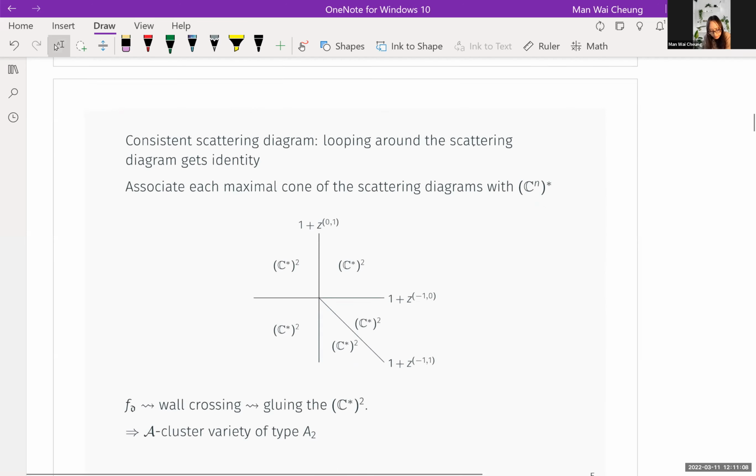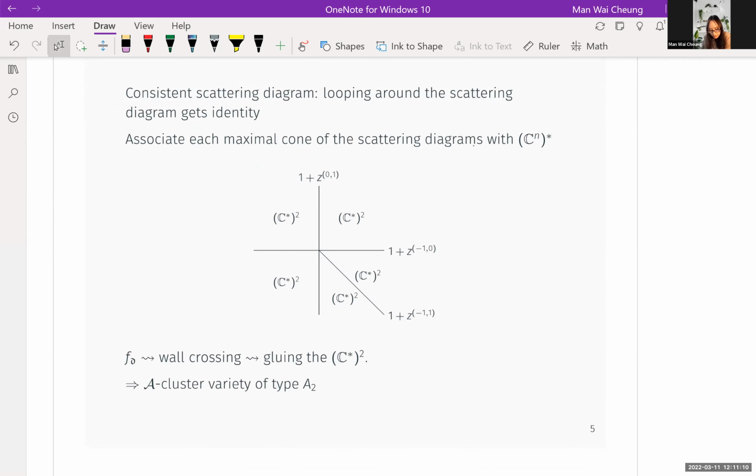But then let's go back to the cluster theory. This is our scattering diagram, the cluster scattering diagram. To define a cluster variety from a cluster scattering diagram, we associate each maximal cone of the scattering diagram with the torus of the corresponding dimension.